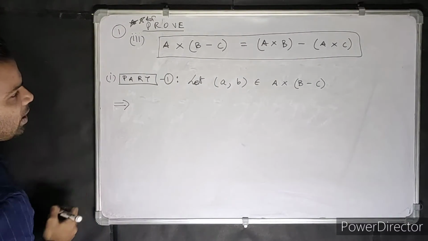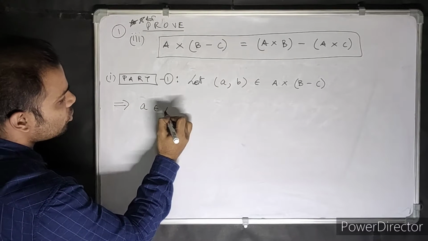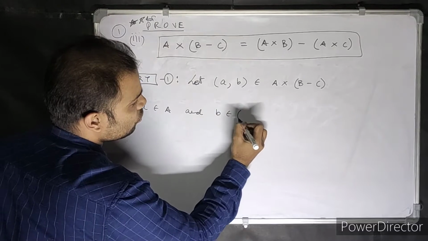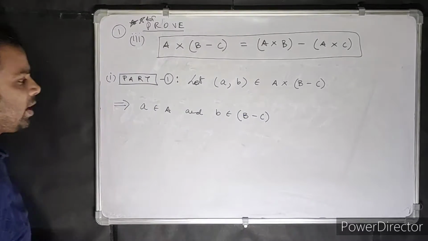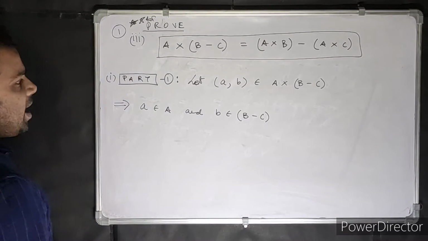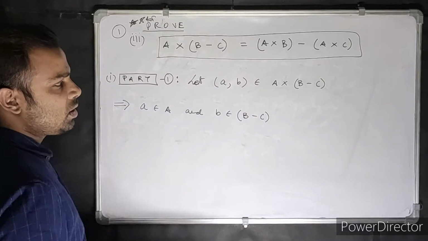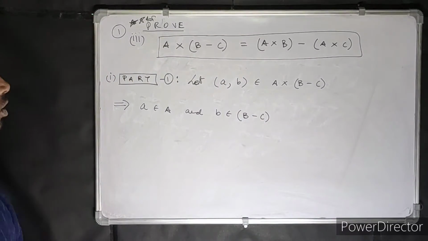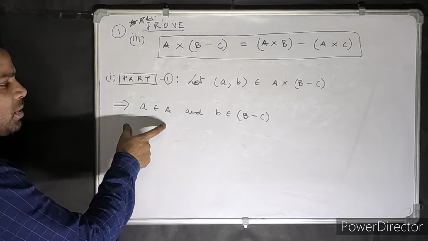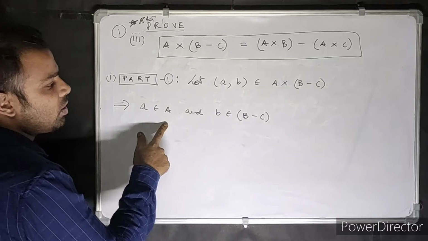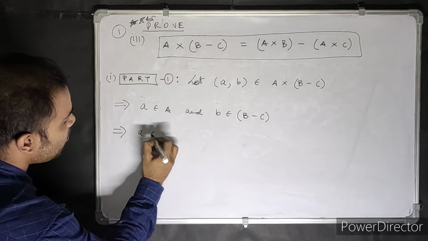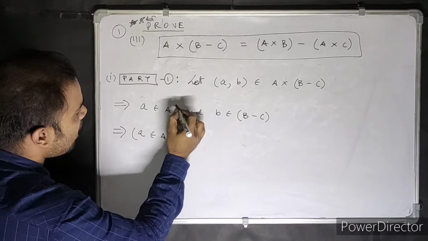From here, it implies a belongs to A and b belongs to B minus C. Look very carefully at what I have done: I let this coordinate belong to the relation, then split the first element in the first set and the second in the second.